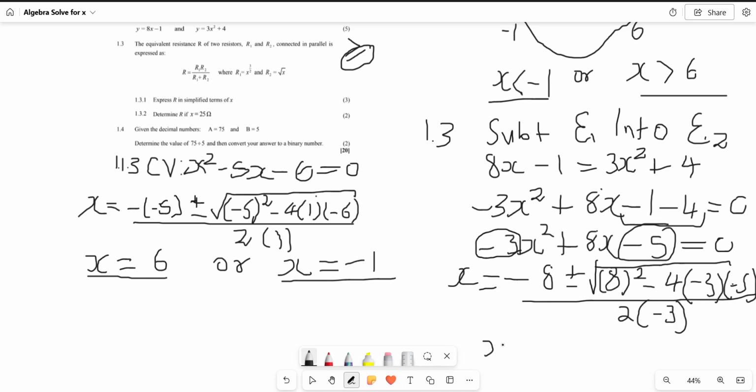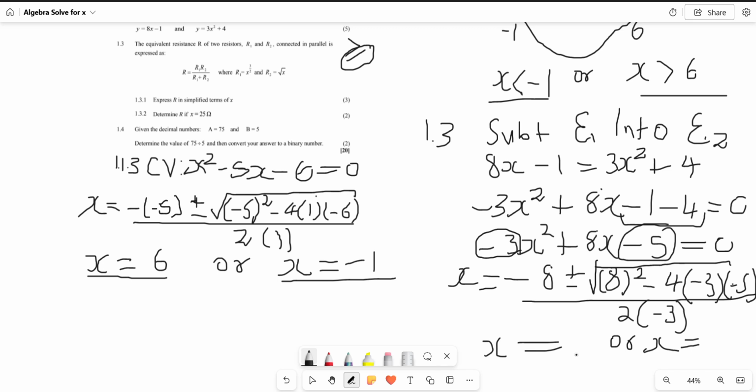Then x is equal to. Now let us apply our calculators. Negative 8 plus square root of 8 all squared minus 4, negative 3, negative 5, all over 2 into negative 3.